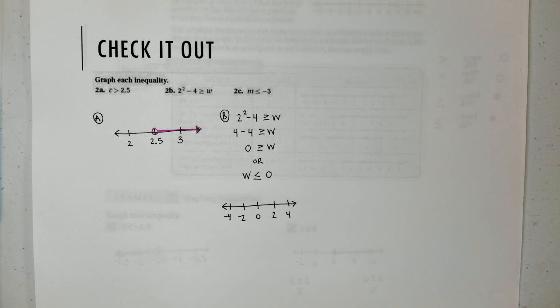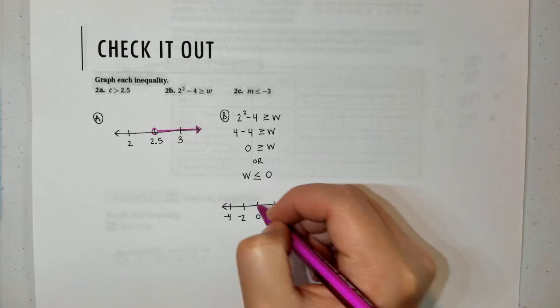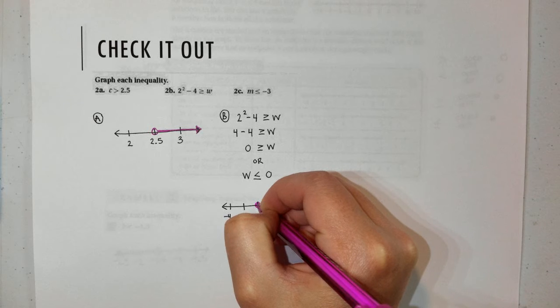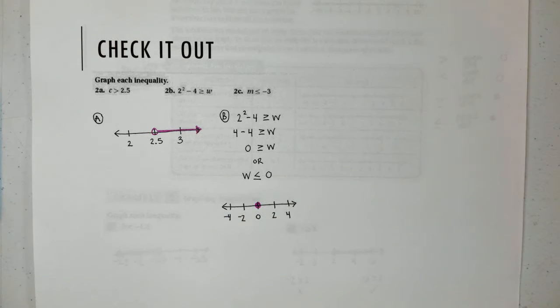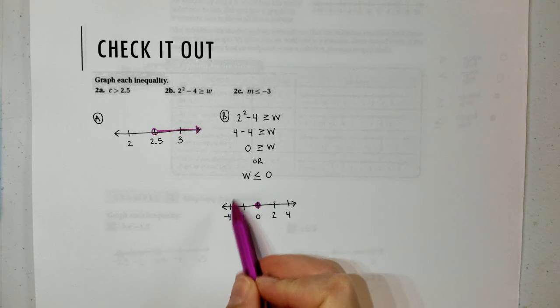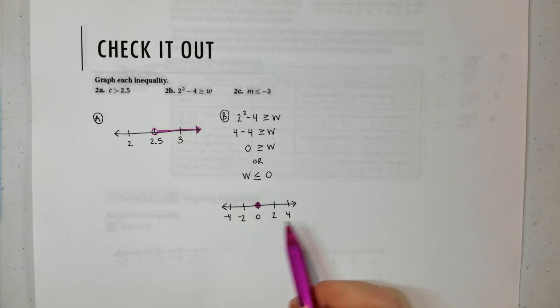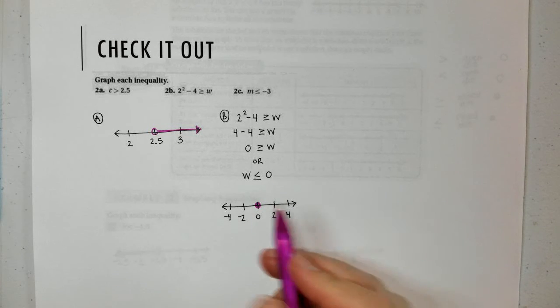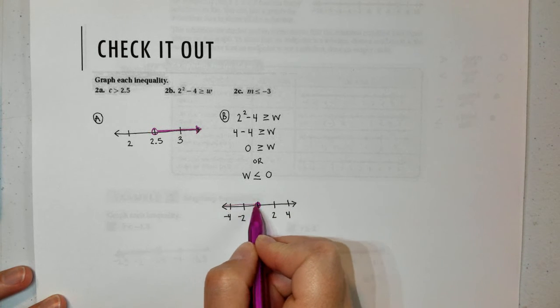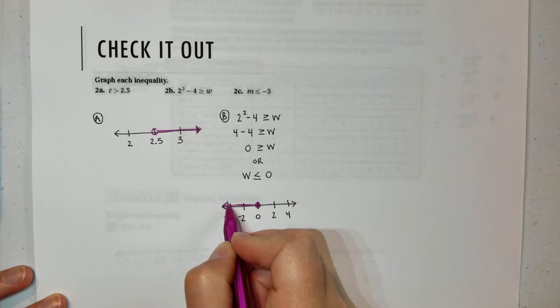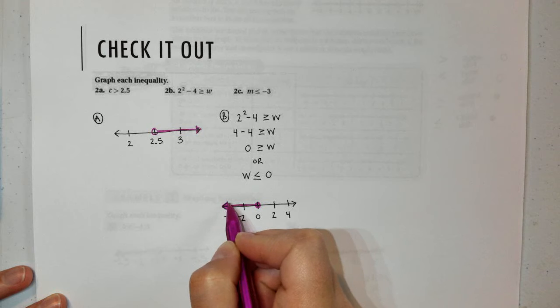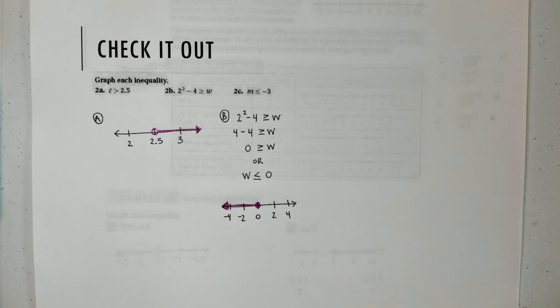Now I have the equal to. 0 is my important number, so I'm going to draw a dot filled in, a closed dot at 0. 0 is greater than, so W is less than. So is -4 less than 0? Yes. Is 4 less than 0? No. So I'm shading to the left here. So shading to the left, drawing my arrow to show that my solutions continue to the left.